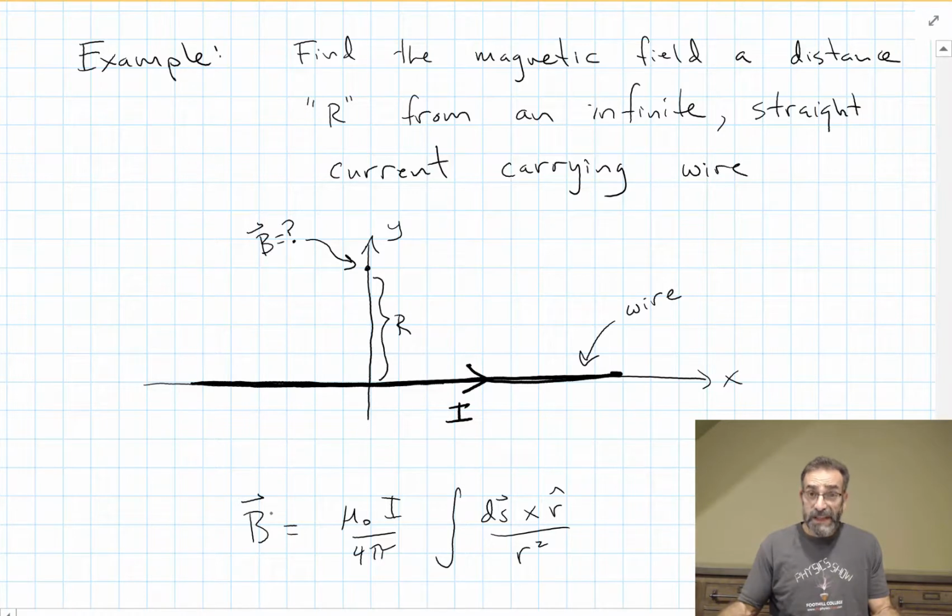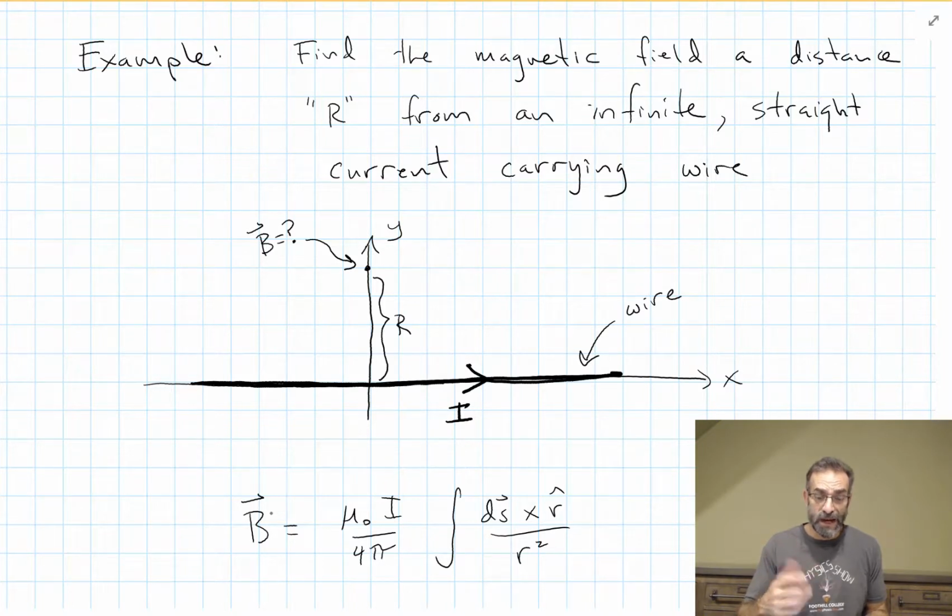And the first thing we need to realize is that the magnetic field is a vector property, so it has a direction associated with it. And this equation has a cross product in it which yields a direction. So we can get the direction from the cross product in the equation. That works perfectly well. Or we can think about our right-hand rule that we just learned for the direction of the magnetic field that encircles a wire.